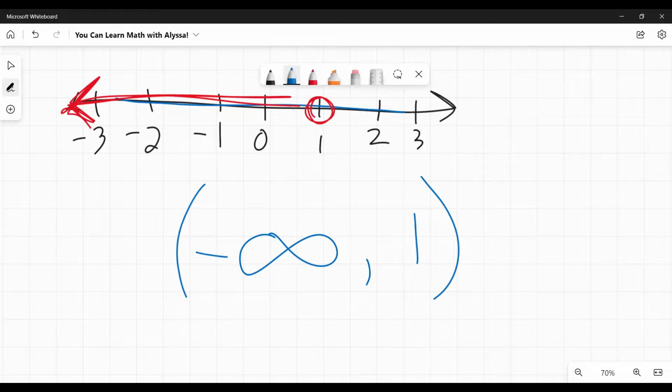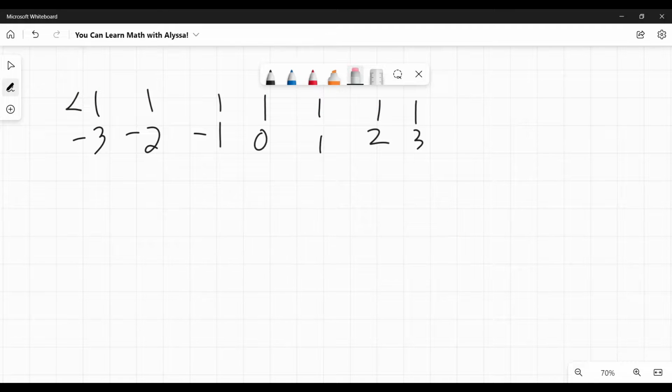The only other thing you're likely to see that may cause a little bit of questioning, like, how do I do this, is when you have a split. You have two or more portions on this number line, and you need to represent both of them.